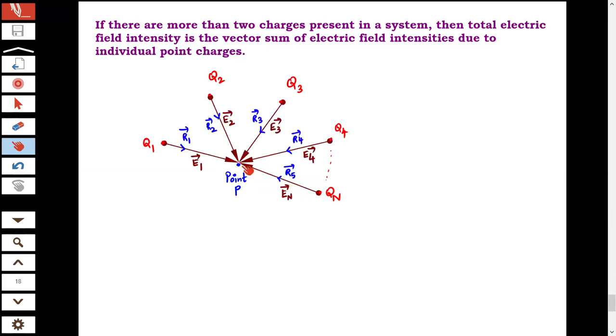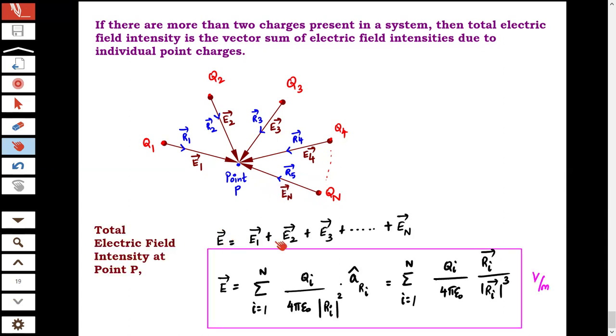We can graphically represent this in terms of the displacement vectors from these individual point charges to the point P, and the electric field intensities due to individual point charges can be written in terms of these displacement vectors, and the net electric field intensity will be the vector sum of the individual electric field intensities.